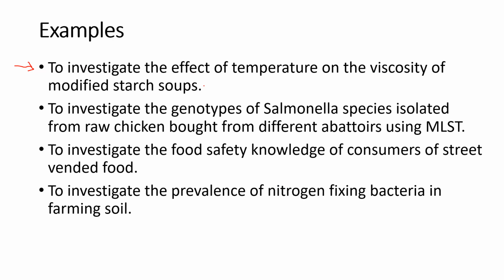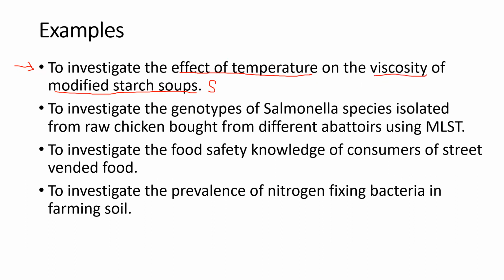Is it by treatment or is it by inherent characteristics? So let's see, modified starch soup will be the sample. So I put S there. And investigate the effect of temperature. So we are looking at the effect of temperature. So temperature is the treatment, in this case.